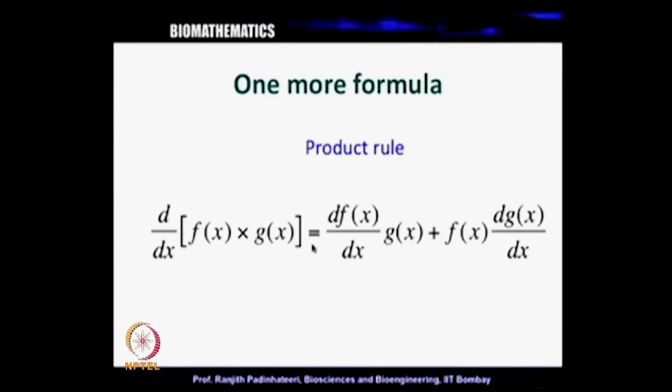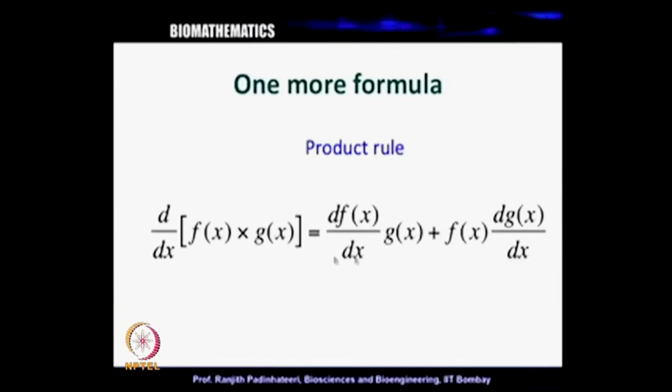Yes, the idea is very simple. First, find the derivative of f of x, df by dx, and multiply it with g of x, and sum it with the derivative of g of x multiplied by f of x. So, df by dx multiplied by g of x plus f of x into dg by dx.